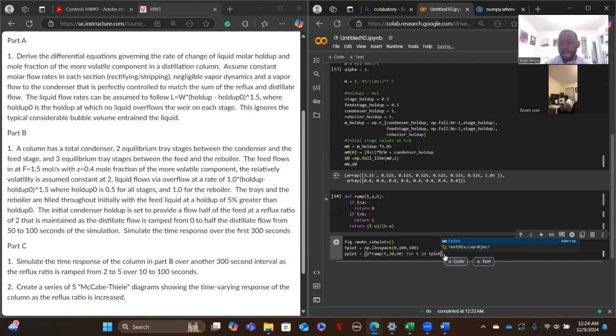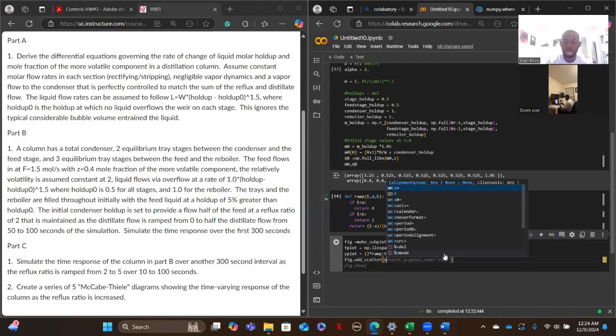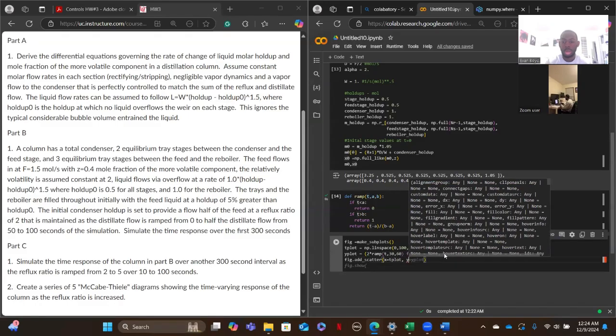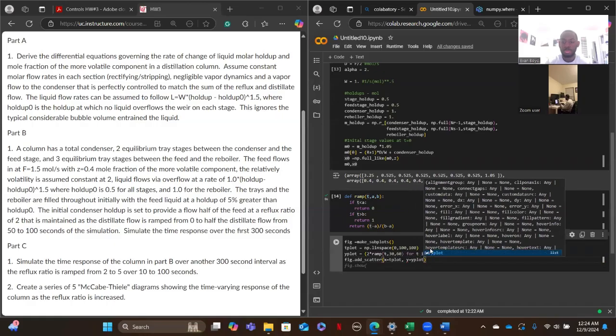Okay. And then let's plot this out. So fig dot add scatter, x equal to T plot, y is equal to y plot. Okay.